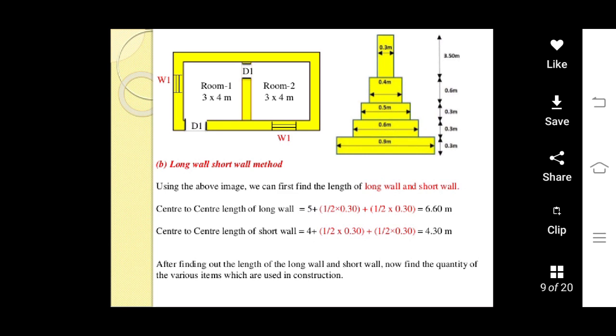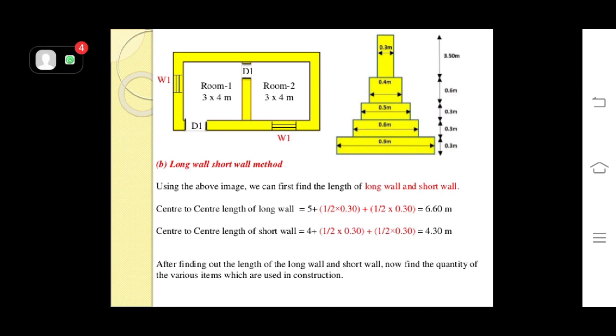The center to center length of the long wall can be calculated by the addition of 5 plus half into 0.30 plus half into 0.30, which is equal to 6.60 meters. The center to center length of the short wall is calculated by the addition of 4 plus half into 0.30 plus half into 0.30, which is equal to 4.30.